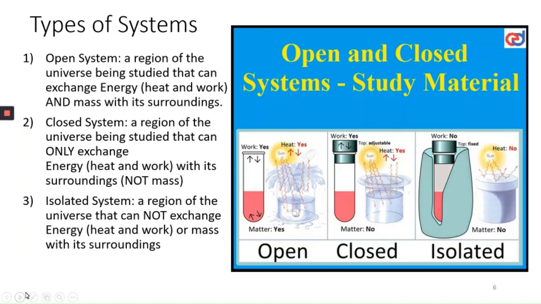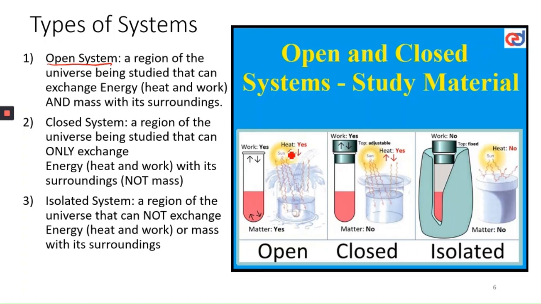And our system could be one of three types. There's something called an open system, which I like to think about like a pot on a stove boiling without a lid on it. It's an open system, so heat can leave. You can lose heat, or you could put heat in. So that's what this diagram is showing you here. Heat can go in or out.